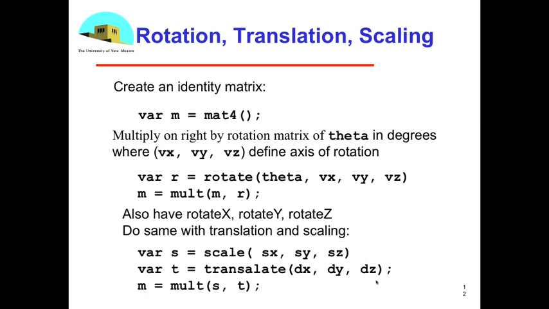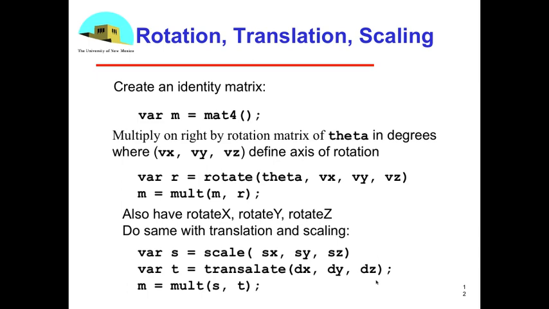Okay, let's look at a simple example. So here we can set an identity matrix by just saying it's a mat4, and that uses a simple constructor. There's mat3 and mat2 in there. If we want to multiply that by a rotation matrix, I can do it a couple of ways.